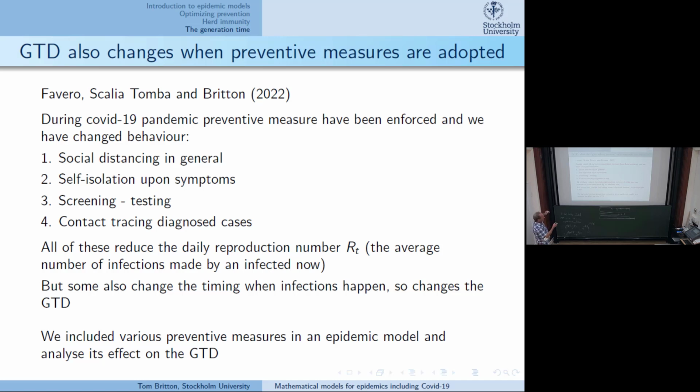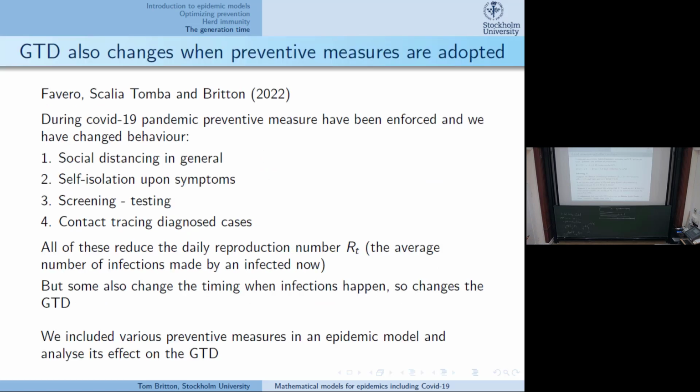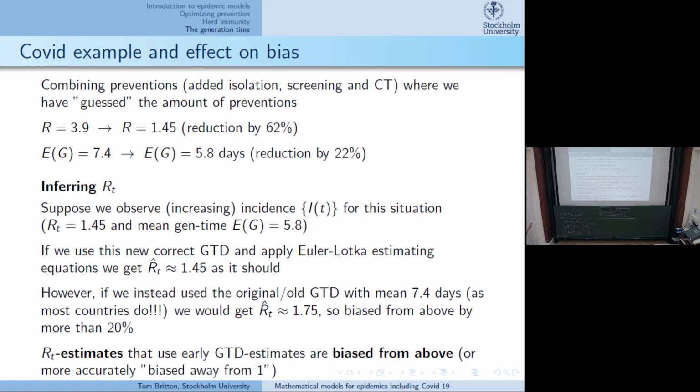If you estimate R0, or the current daily reproduction number, using this equation, but you use the generation time from before preventive measures, whereas in reality you now have a shorter generation time, what would be the effect? That is something we tried to investigate.